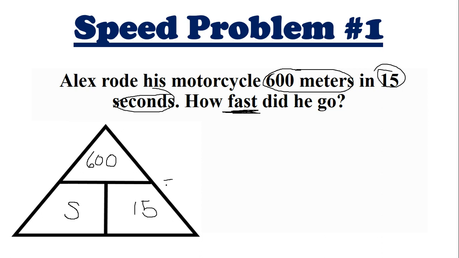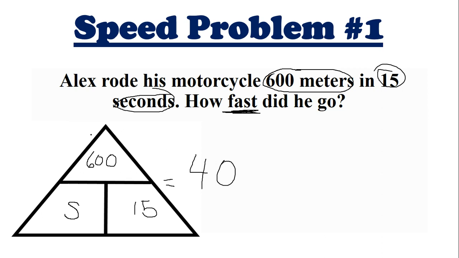Now we need to look: are the numbers next to each other or on top of each other? They're on top of each other, which means we divide. Enter 600 divided by 15 in the calculator, and you get 40 as your value. But we still need a unit, because in my class, each problem gets 3 points.